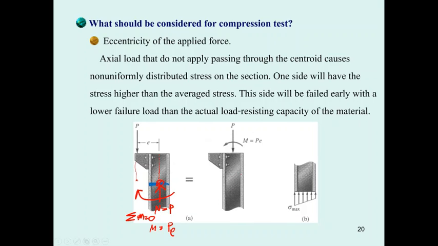Okay, and what happens is the P is going to produce the compressive stress like this. And the moment is going to produce compressive stress on this side, which is going to be in compression, and this side is going to be in tension.